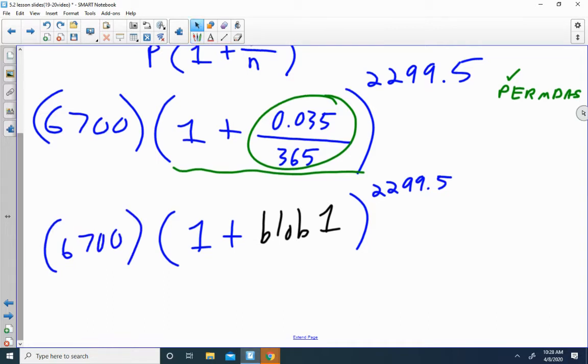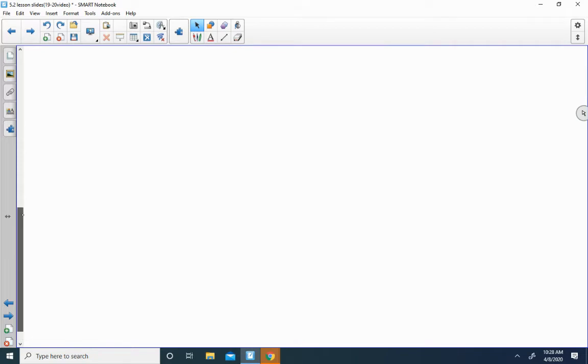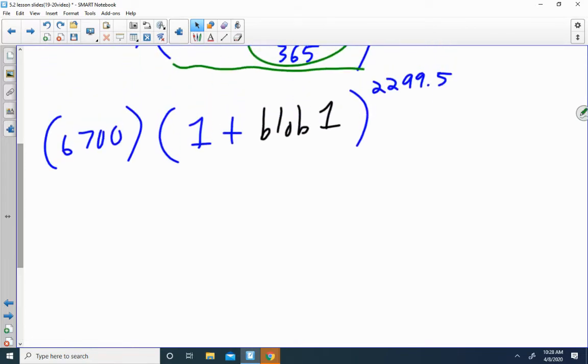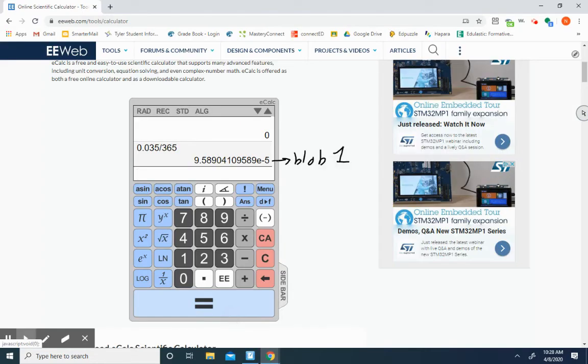Okay, make some more space. Okay. We still got some parentheses left to do. I still got to do 1 plus blob 1. So let's go ahead and do that in the calculator. So 1 plus the previous answer, which is blob 1. Press enter.